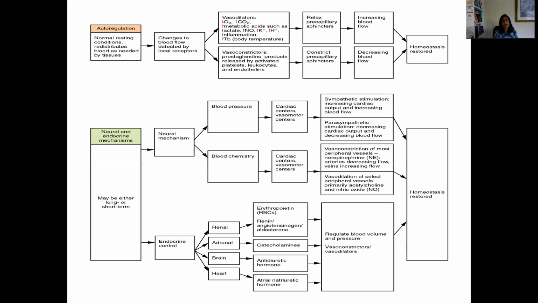And this is where we have gone in to talk about arterial blood pressure in detail and its regulation. The next video will be focusing on blood flow through the capillaries, and then blood flow through the veins, and so on. Okay, thank you.